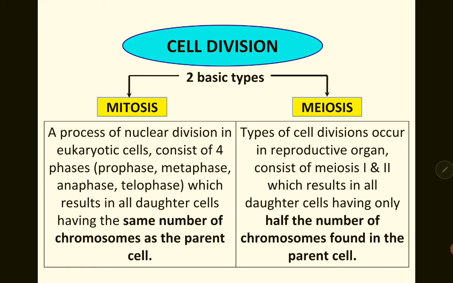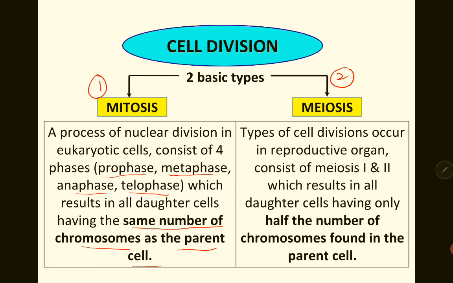Basically, we have two types of cell division. First is known as mitosis, second is known as meiosis. Mitosis is a process of nuclear division in a eukaryotic cell, which includes four phases, which are prophase, metaphase, anaphase, and telophase, and results in all the daughter cells having the same number of chromosomes as the parent cell.